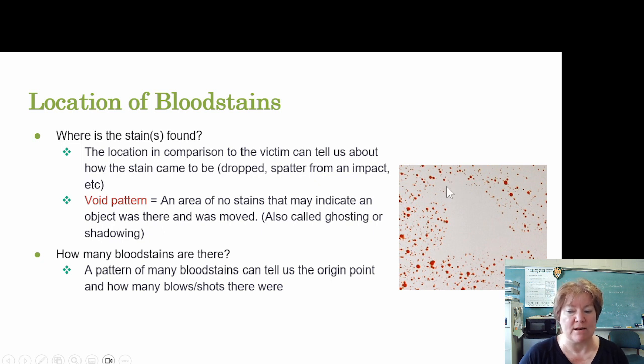Often a void pattern, sometimes called a shadow or a ghost, means that there was something there, the blood hit it first and stuck to it, and then continued going past on the outside areas. And then when that object moved, I can say that there was an object here. Depending on the shape of it, sometimes I can figure out what object had been in its place prior to this. So again, we're going to recreate that crime scene. What was there when the crime happened?